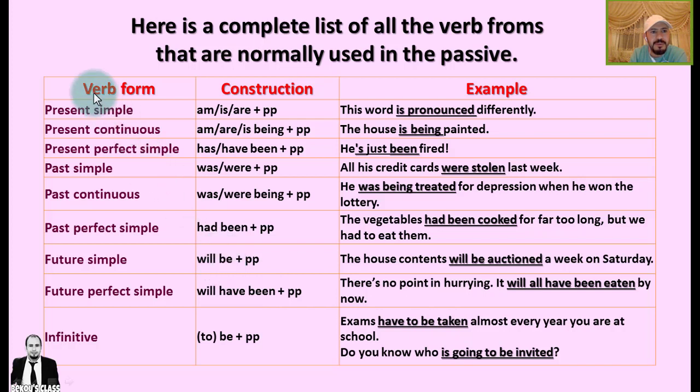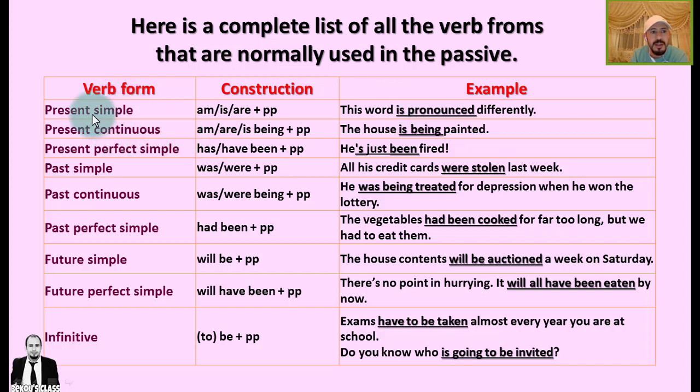The verb forms used in the passive are the present simple, the present continuous or progressive, present perfect simple, past continuous, past perfect continuous, past perfect simple, future perfect simple, and the infinitive. And here we have the rule you should follow in order to change the active to the passive using one of these forms.